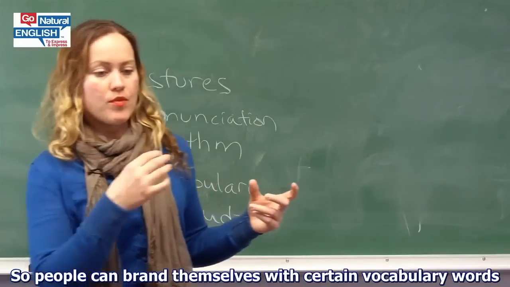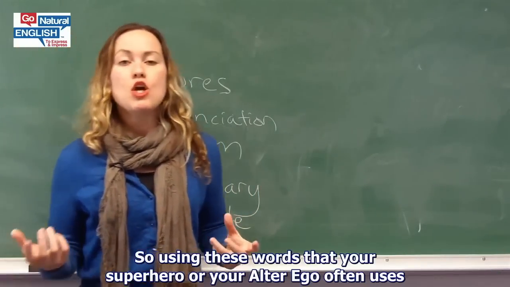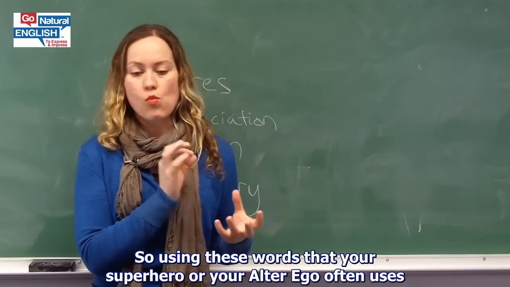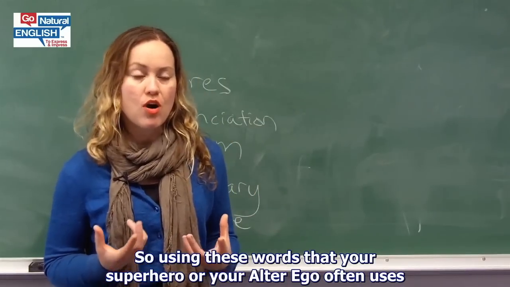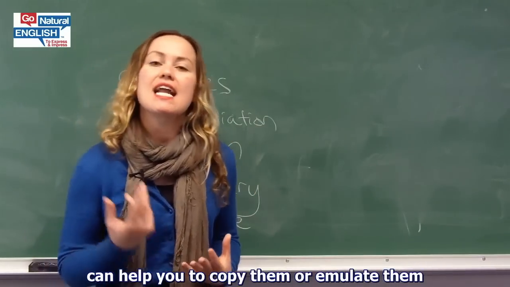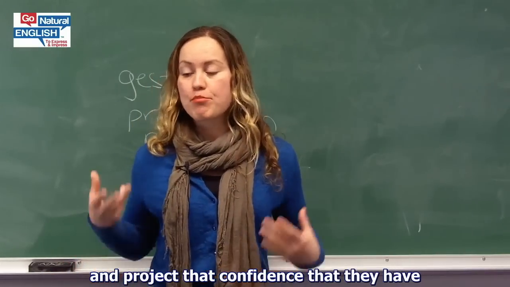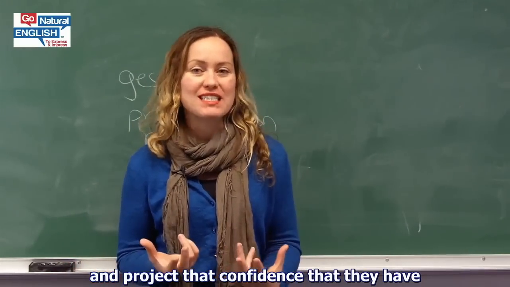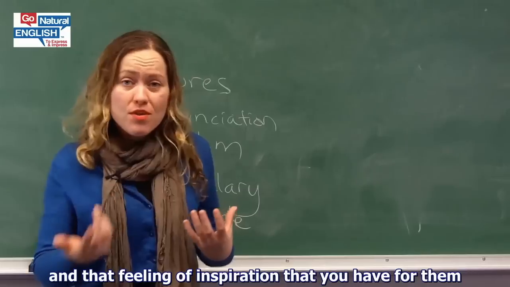People can brand themselves with certain vocabulary words. So using these words that your superhero or your alter ego often uses can help you to copy them or emulate them and project that confidence that they have and that feeling of inspiration that you have for them.